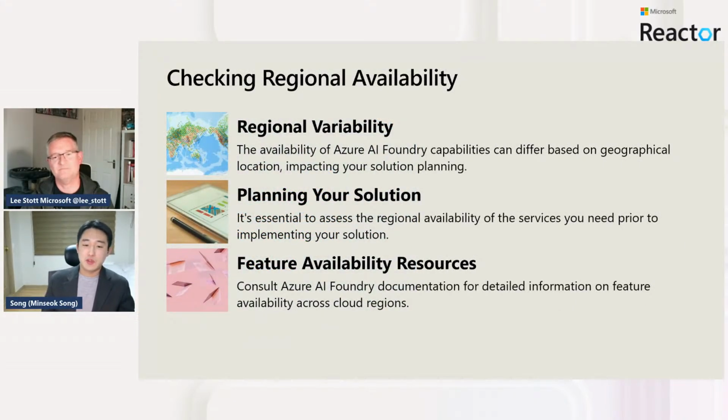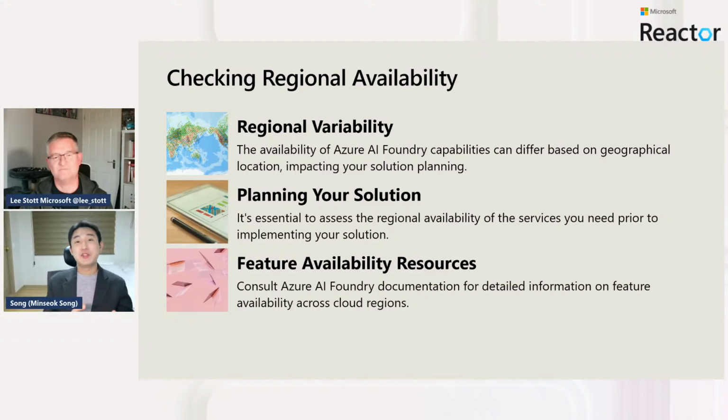And following up on regional availability, when working on Azure AI Foundry, it's especially important to understand that availability can vary by region. This is called regional variability, and it can directly affect what features are available to you depending on your geographic location.